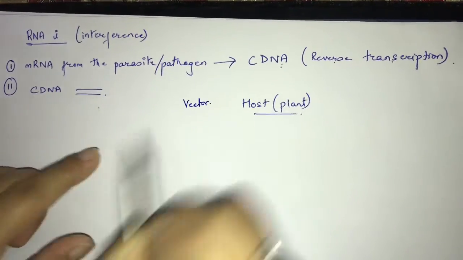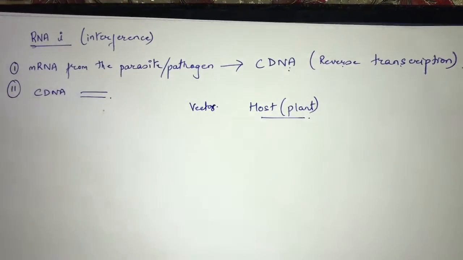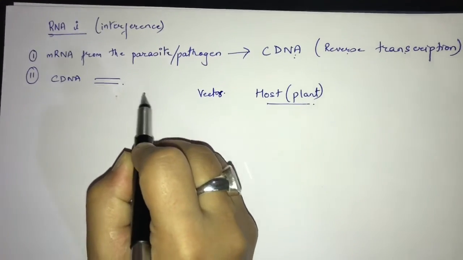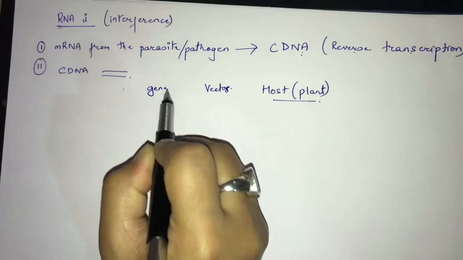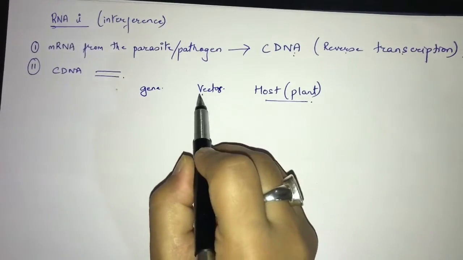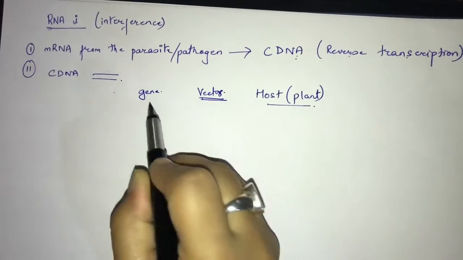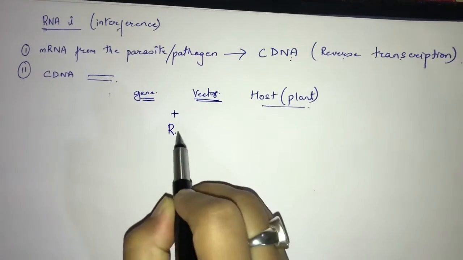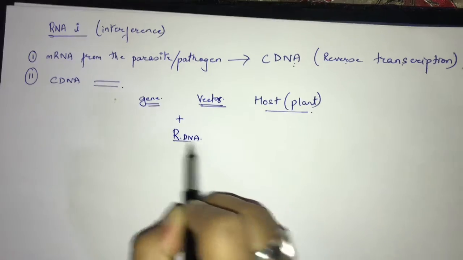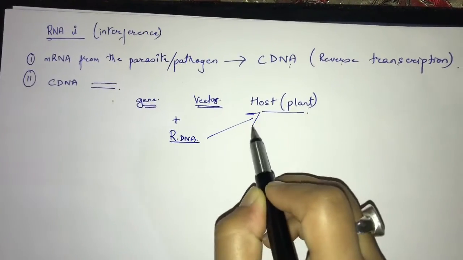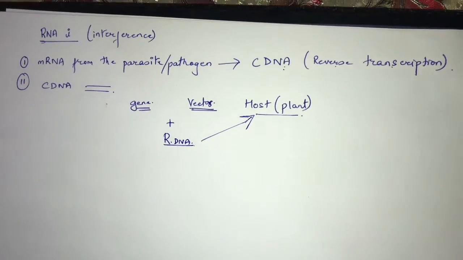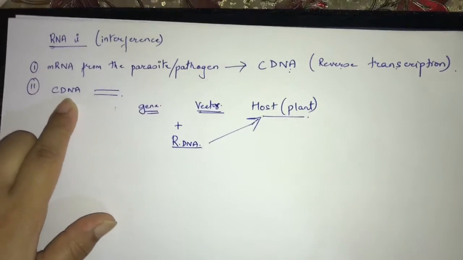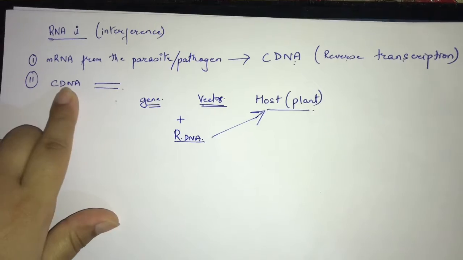The main plant acts as a host, and the vector. Always remember, you already know that in biotechnology there is a gene of interest involved, then vector DNA is involved, which together make recombinant DNA, and the same is introduced into the host plant, the targeted plant. So the cDNA, which is double stranded, is nothing but a gene.